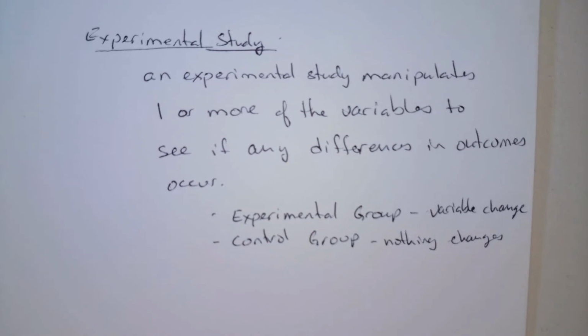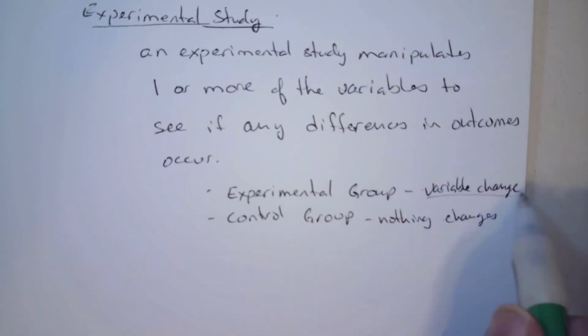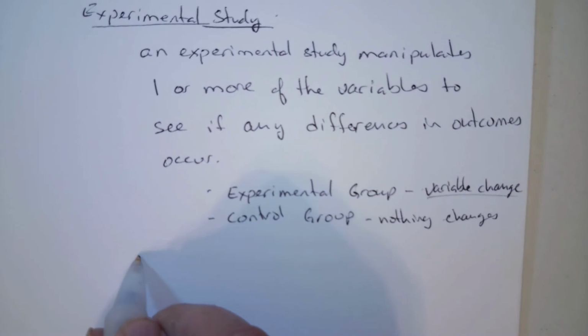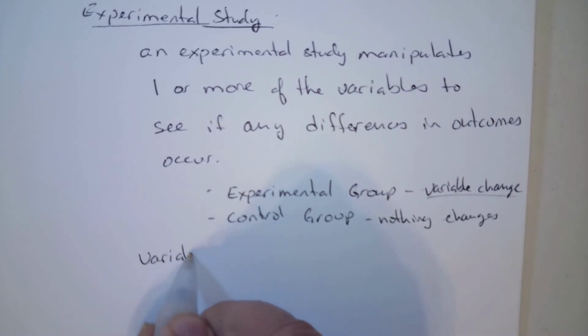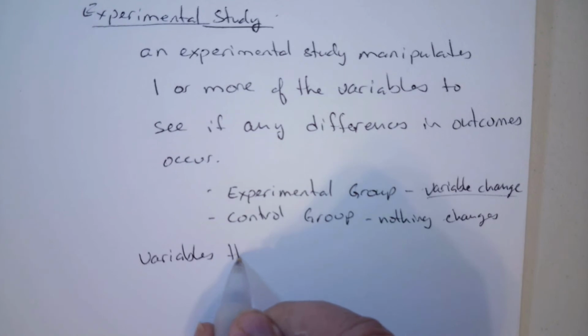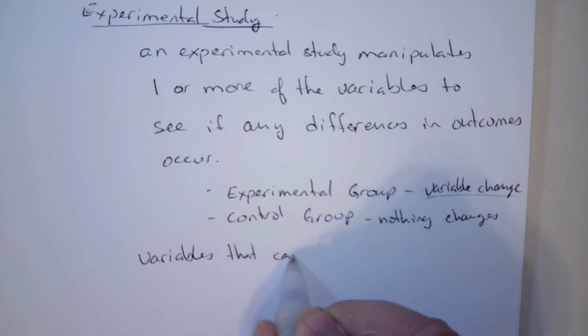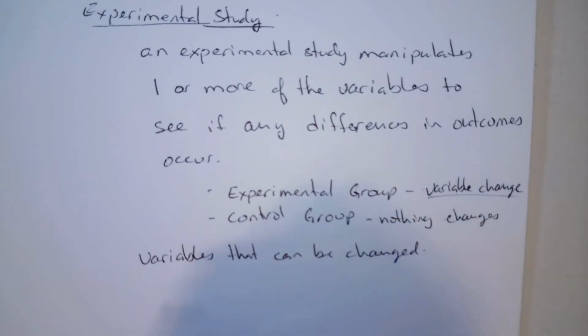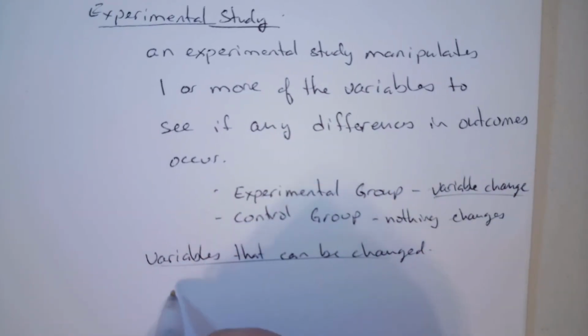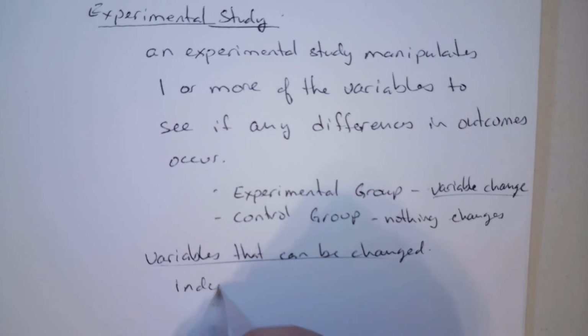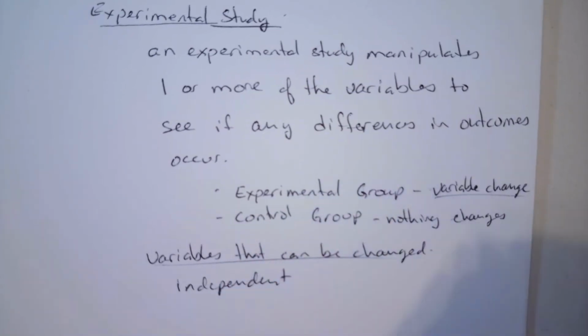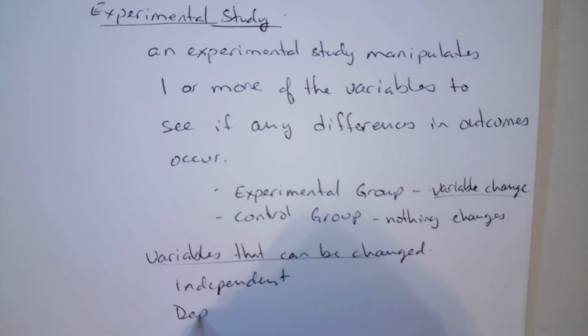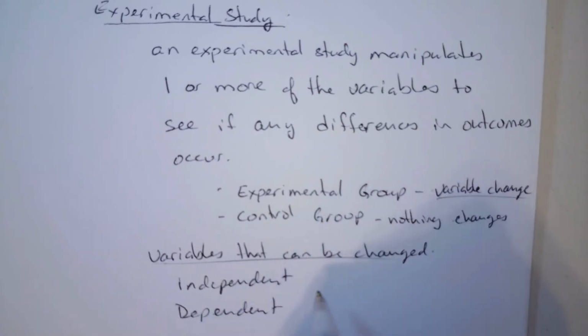All right. Now, with the variables that change, we have independent and we have dependent variables. What's the difference?